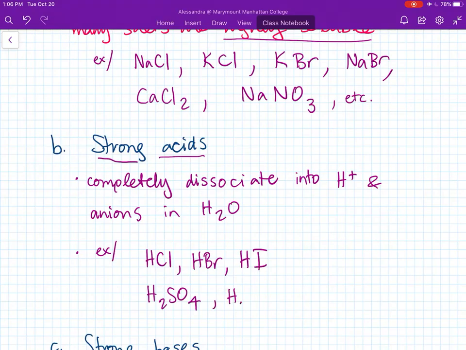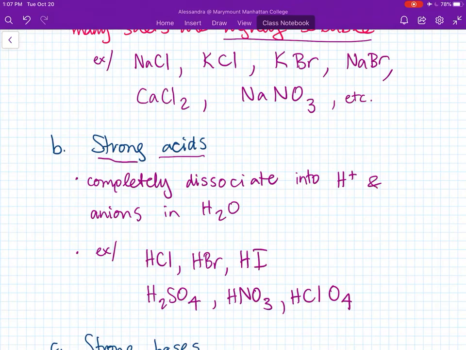H2SO4, sulfuric acid, is a strong acid. HNO3, nitric acid. And perchloric acid, HClO4, is another strong acid. All of these strong acids are examples of acids that completely dissociate in water, completely ionize in water.